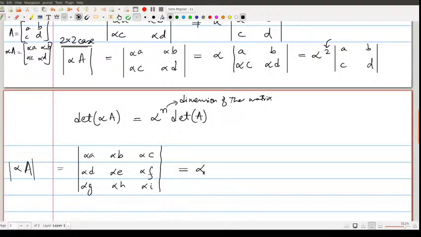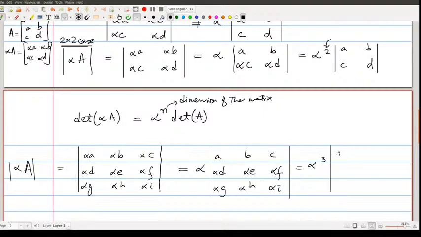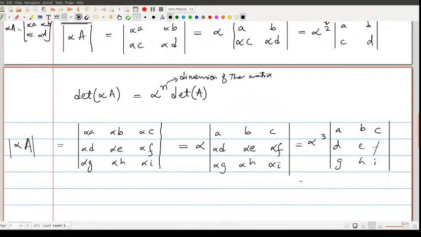Now I can factor out the alpha first from the first row, A, B, C, leave the second and the third row as they are, alpha G, alpha H, and alpha I. And then again factor out alpha from the second row, and then again alpha from the third, and A, B, C, D, E, F, G, H, I, right? So that tells me that this is alpha cubed times the determinant of A. Okay.